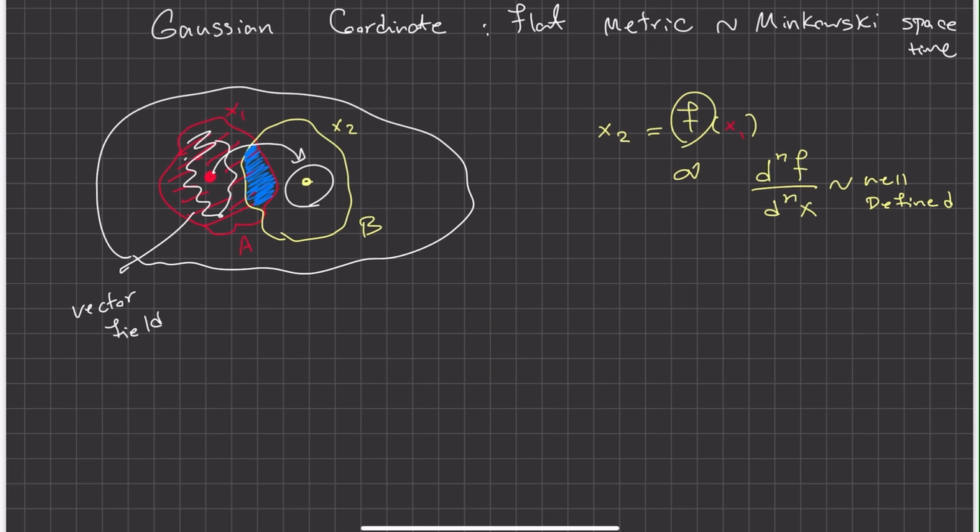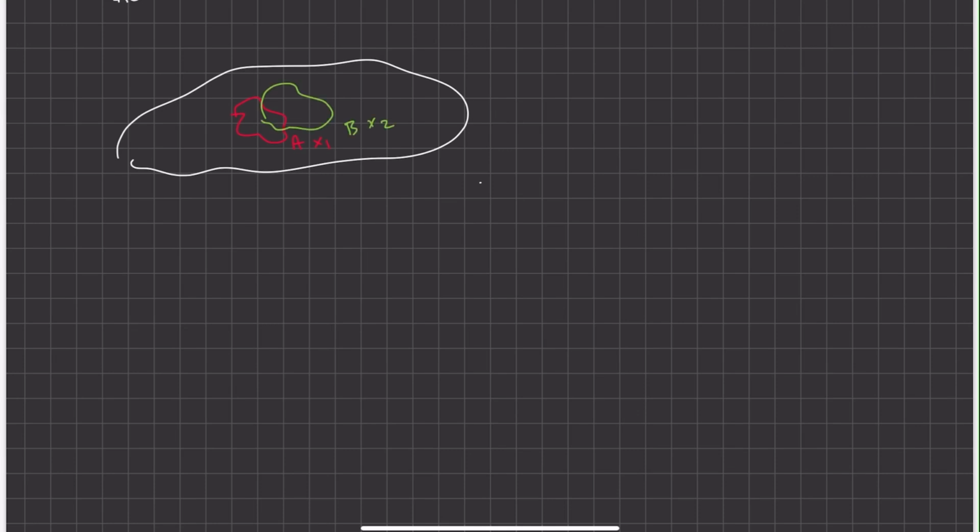Let me draw another manifold, and I have this patch A, x1, and I have this patch B with x2, and then I have a vector here at patch A. So what I have to do is to take these vectors into this intersection area, and it would be a parallel transport because A is flat.